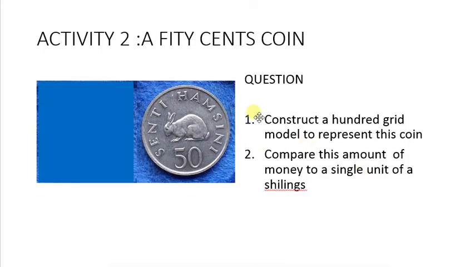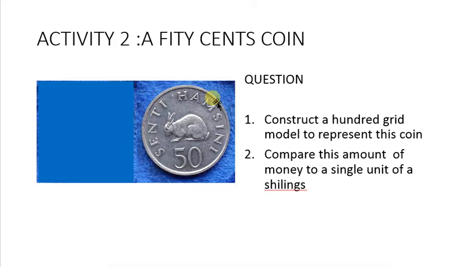So this is another activity, a 50 cents coin. Now the question here is to construct a 100 grid model to represent this coin, and then compare this amount of money to a single unit of a shilling. Take some time to do that.